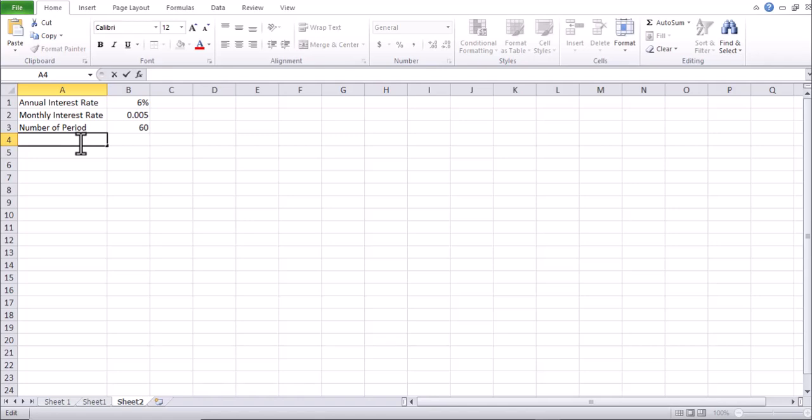Next, what you should do now is the amount of the loan. This is actually the money that you're going to receive. What I have to point out is that usually loans require a down payment.